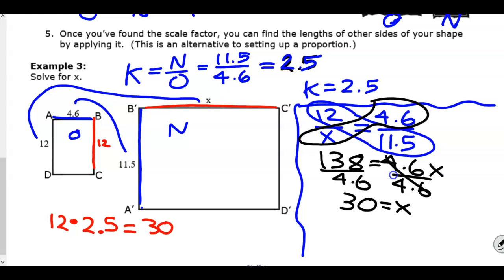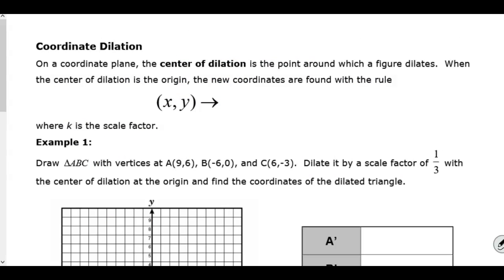Let's do the back. Talk about graphing. Now, we did this on our warm-up. If you're going to do a dilation, if you start with x, y, you're just multiplying them both by k, which is the scale factor.